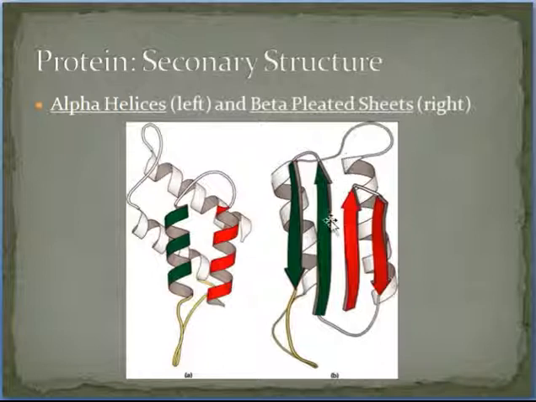On the right here, you see that's more of a flat sheet. You can see some alpha helices behind them, but the colored here is the alpha helices, and here's the beta pleated sheets. These are 2 common things that your strings of amino acids want to do. It's called secondary structure.